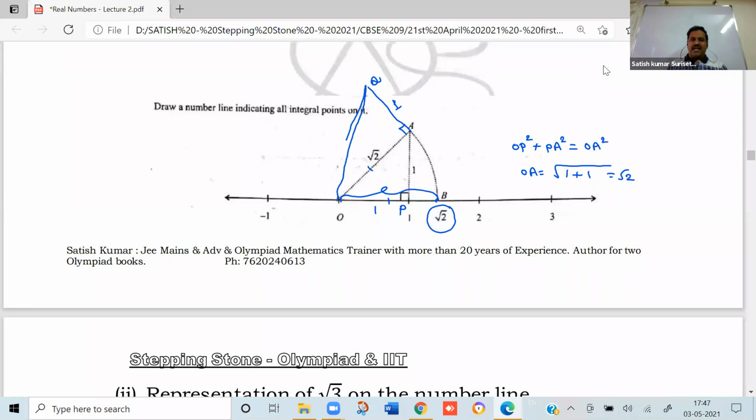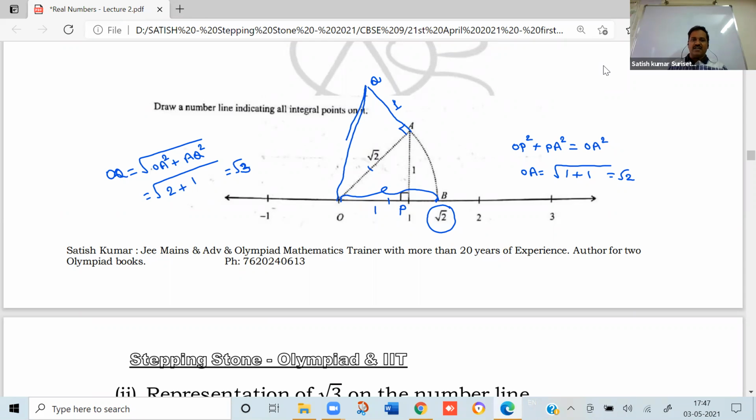Now again, this will be a right angle triangle. So OQ using Pythagoras theorem: OQ equal to square root of OA square plus AQ square. OA square, root 2 whole square, is 2, plus 1 square, 1, means it is root 3.